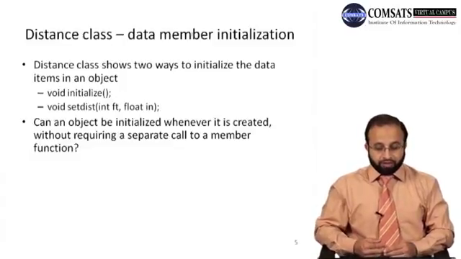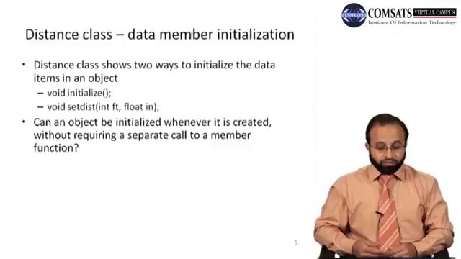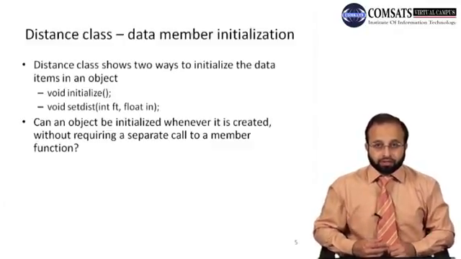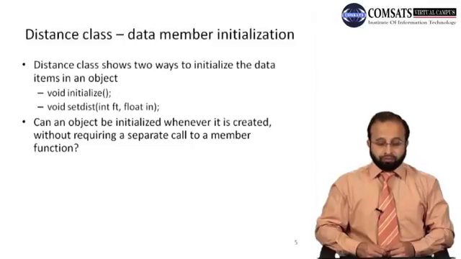So can an object's private data members be initialized whenever it is created, without requiring a separate call to a member function? In the previous two cases, initialize and setDest, we have to call the functions explicitly after creating the variable in order to initialize the private data members of the object.